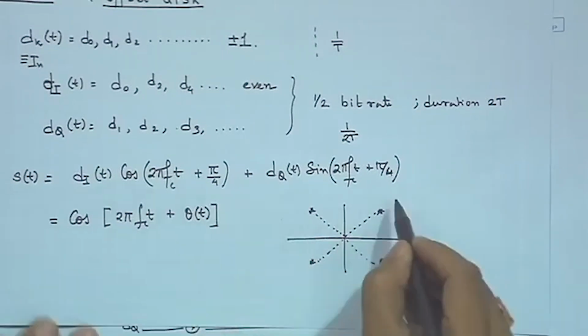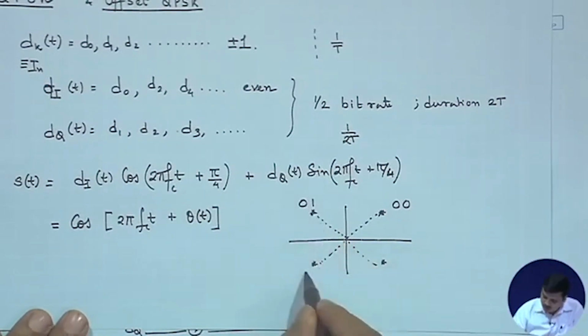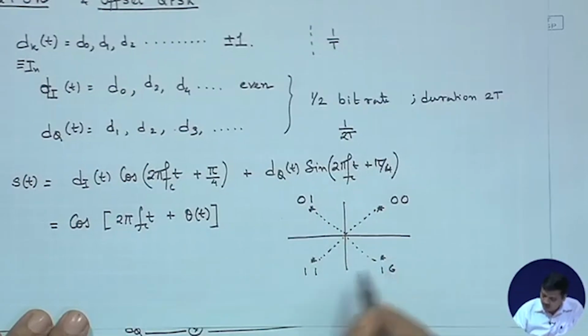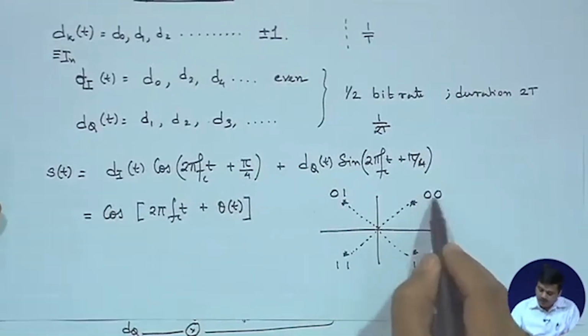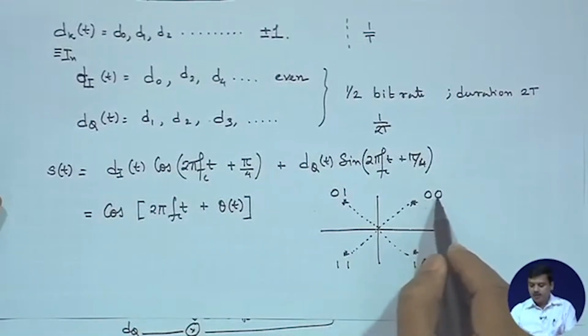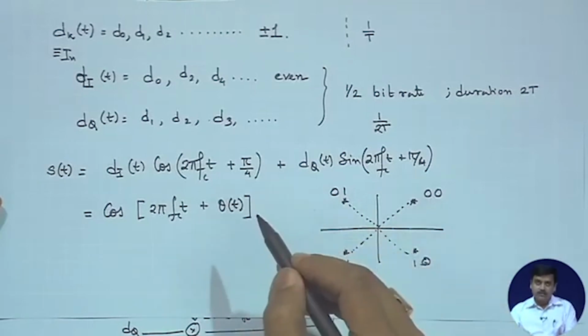with a choice of bit sequences 0 0, 0 1, 1 1, 1 0 for instance, let us say. So, when d0 and d1 are 0 0, you would choose this phase and you would keep on changing.